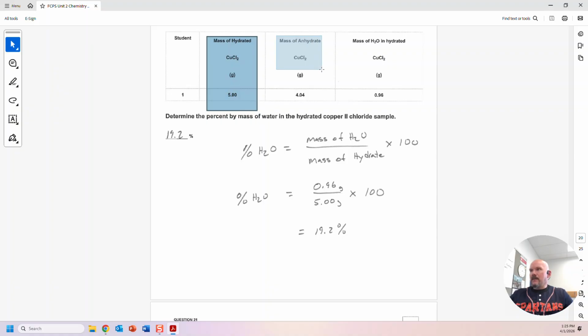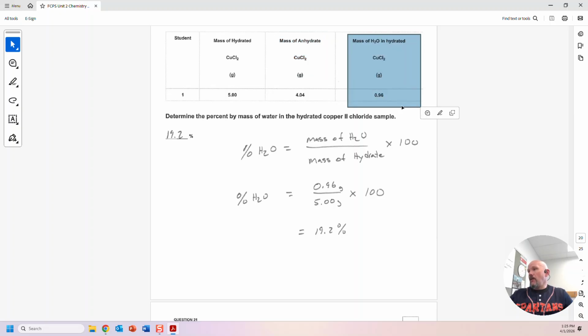This is the mass of the anhydrate, which would be the CuCl2 without the water. And the difference is the mass of the water, right? So all we have to do to find the percent mass of water in this hydrate is take this mass, 0.96 grams, and divide it by the mass of the hydrate, which was 5 grams, and multiply by 100 to make it a percent. So it comes out to be 19.2.